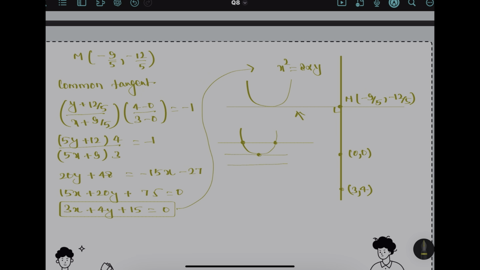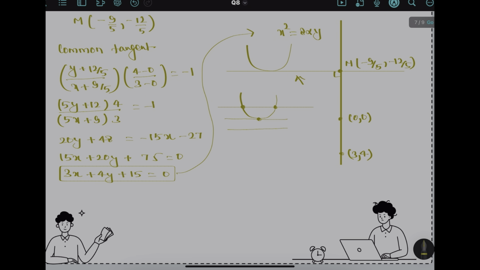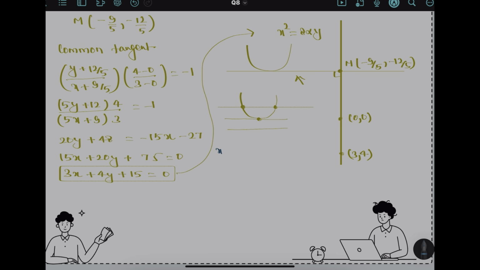Okay, now I'll substitute this over there. So I'll update y. I'll change the color. Look at this. So it is x square equals 8 alpha, instead of y, I'll write minus (15 minus 3x) upon 4. So 4 2s are 8.